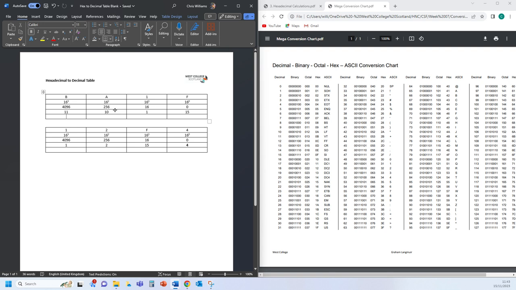As I was saying, here you want to times these numbers by the decimal equivalents of the hexadecimal.